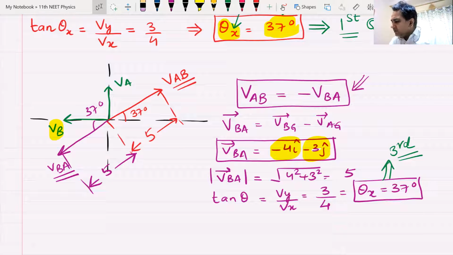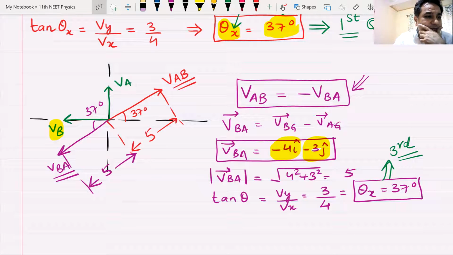Let me see. Problem number 12 is what we are going to solve, and the problem comes now.